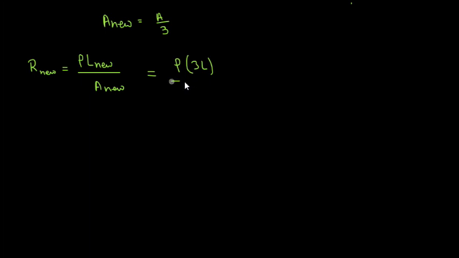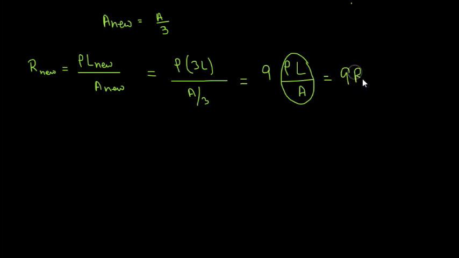Instead of L nu we'll write 3L. Instead of A nu we'll write A by 3. So upon solving we get 9 rho L by A. Instead of this whole thing we can write R. So 9R. So we got that resistance will be increased by 9 times.